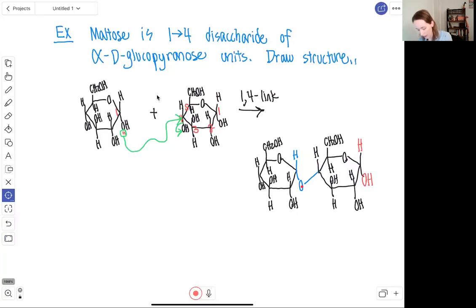So this is an alpha 1,4 glycosidic linkage that we are forming between those two structures. And this represents the compound known as maltose or milk sugar.